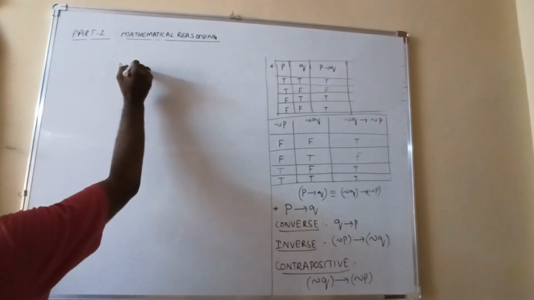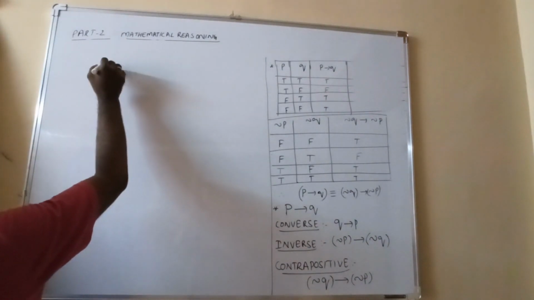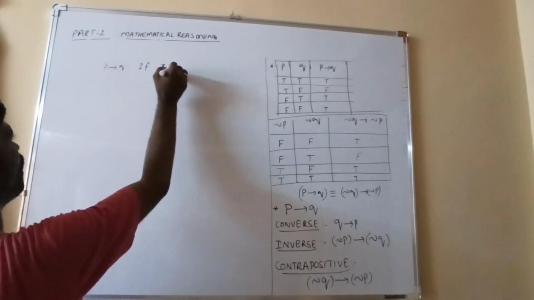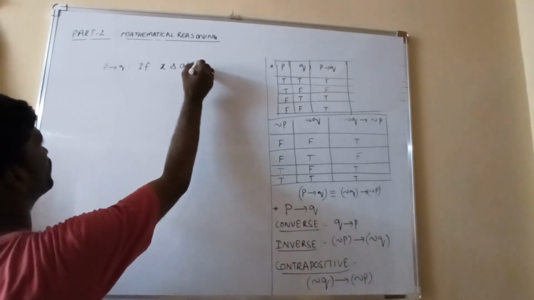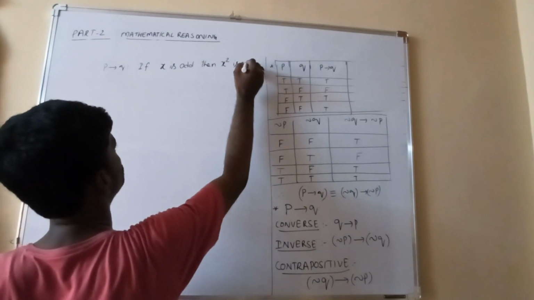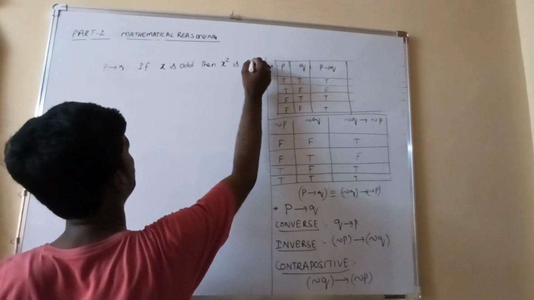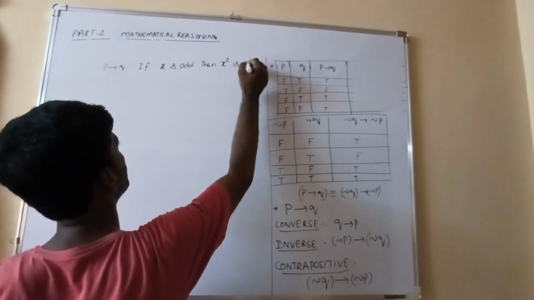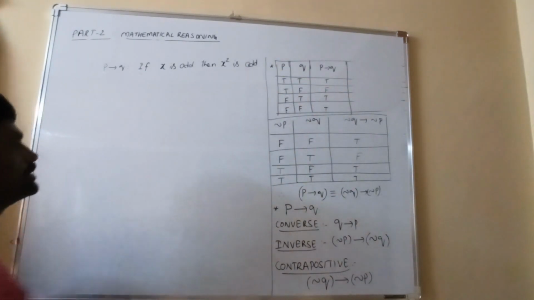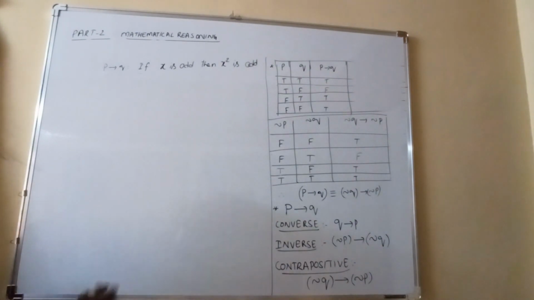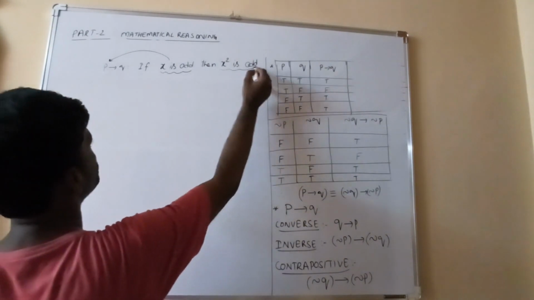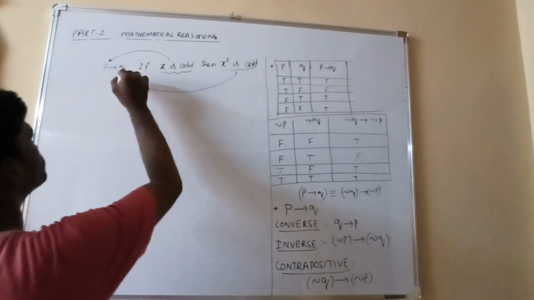P implies Q is the given conditional: if X is odd, then X square is odd. Here if-then is there, so it is a conditional statement. In it, X is odd is the first component P, and X square is odd is the second component Q.